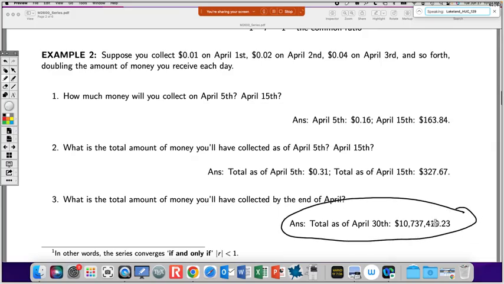So there's a, this is usually called the penny problem. This is an update of the rice problem, where in ancient China, someone beats the Chinese emperor at chess, and it says, okay, you can have anything you want in my kingdom.